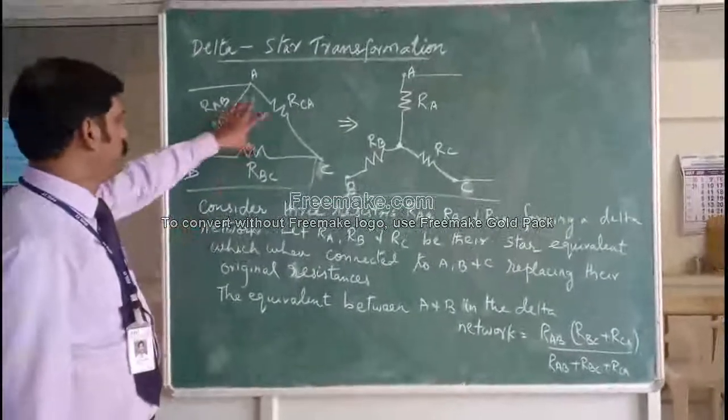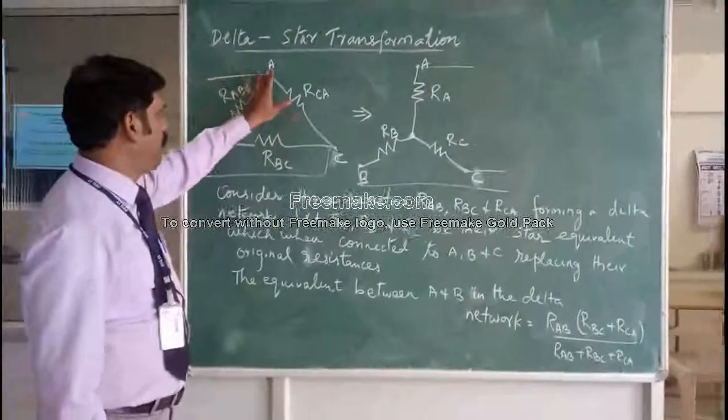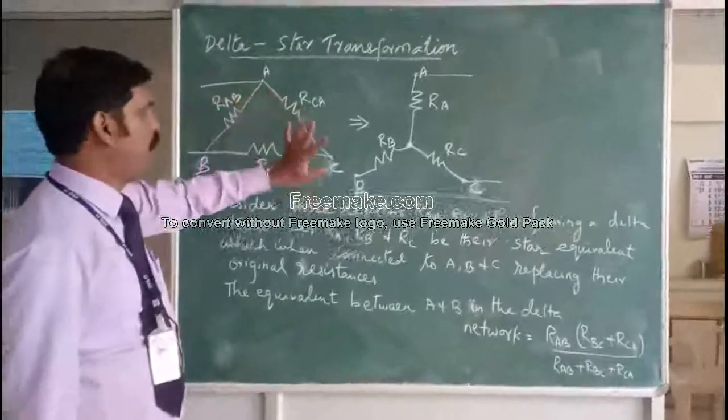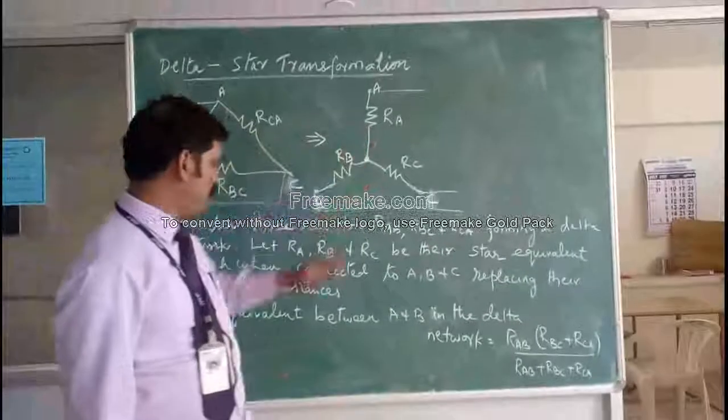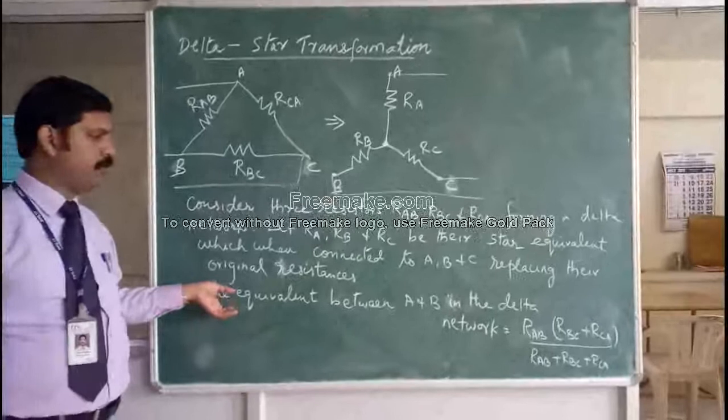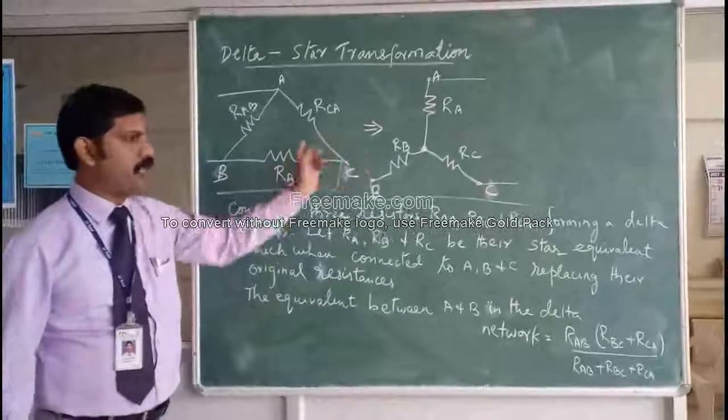Now we are going to convert this between A, B and C: this delta can be removed and replaced with a star. For that we are going to do a simple derivation so that we can arrive at this relation.